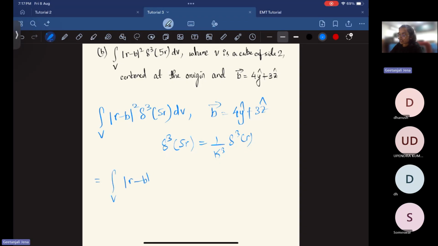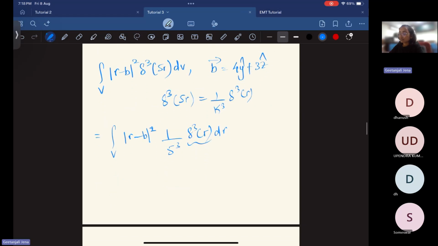Yes, 1 by 5 is correct. 5 cube delta cube r dr. So the value is non-zero at r equal to 0, that is at the origin. Origin is inside the volume V. So it's given the cube is centered at origin. So that is why this will pick up the value at r equal to 0.